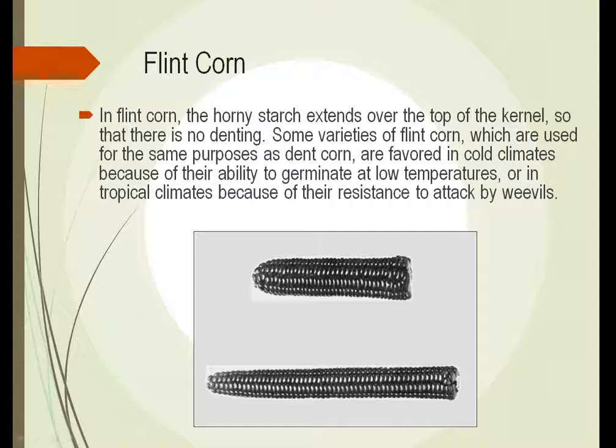And so in cold climates, flint corn becomes the preferred corn. It also, incidentally, becomes the preferred corn in tropical climates because it's more resistant to attack by an insect called the weevil. So in colder and hotter areas, flint corn; in temperate areas in the middle, dent corn.